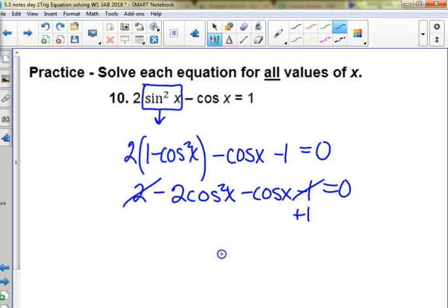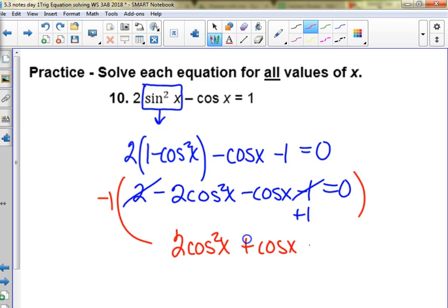Would it be okay if I multiplied through by a negative 1 so that I got rid of this negative 2 cosine squared? I don't really like that. So it'll become a positive 2 cosine squared plus the cosine of x minus 1. It's the same as if I'd moved everything to the other side, guys. And I did that because I hate factoring with a negative out here.